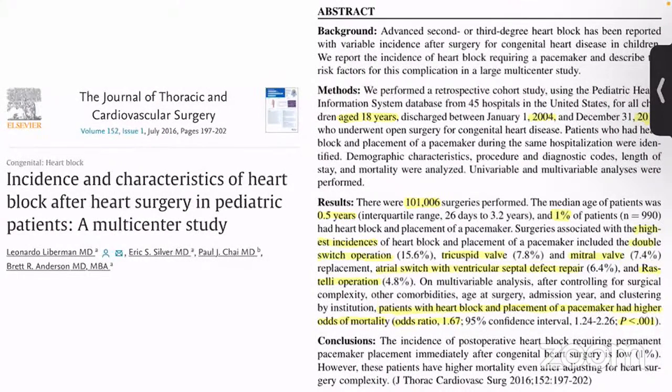Some procedures had higher incidence than others, like the double switch procedure, 15.6%, followed by tricuspid valve surgery, 7.8%, and mitral valve surgery, 7.4%. Atrial switch with VSD repair was 6.4%, and Rastelli surgery 4.8%. Those patients who had heart block requiring pacemaker insertion had higher mortality rates.